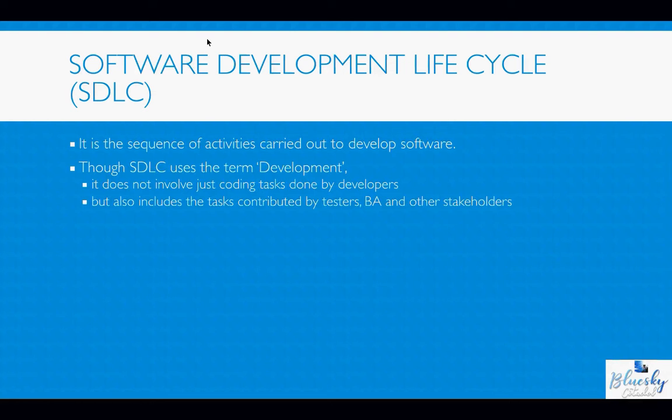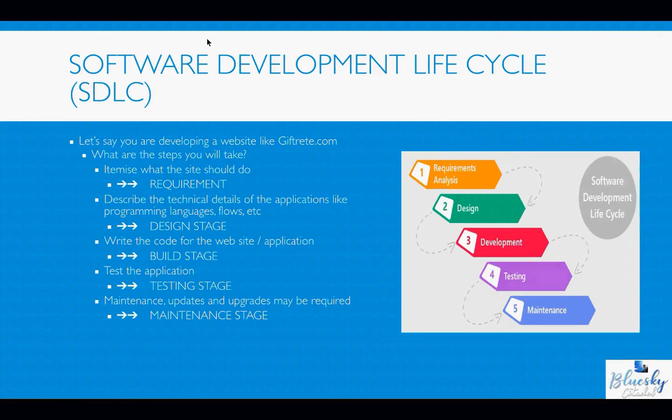I just laid it out in a simple way so that it's easy for newbies to understand. Let's say you are developing an application or a website. What are the first things that you do? One, you talk to the clients or the users to gather requirements, or you itemize what the site should do. That particular stage is called the requirement stage.